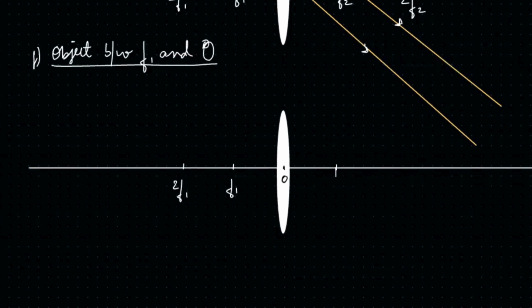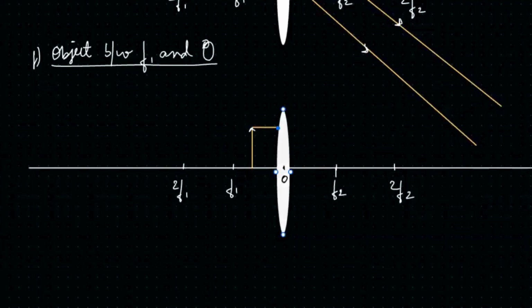Now if you draw an object between F1 and O, so first we draw a parallel ray which is parallel to the principal axis and which passes through F2, and we draw the second ray which passes through the optical center.